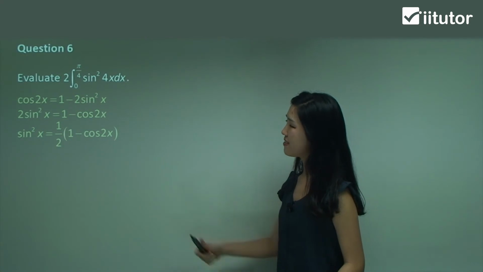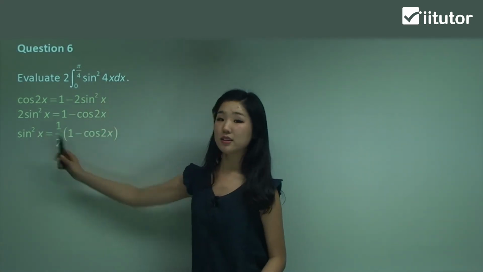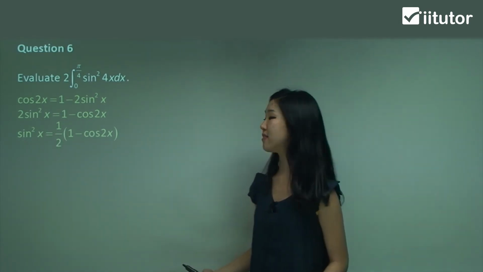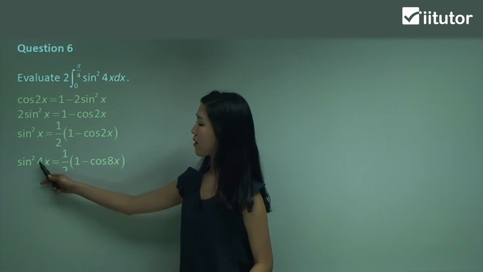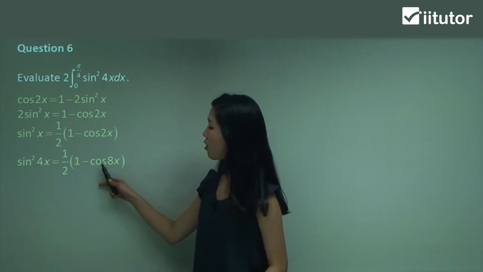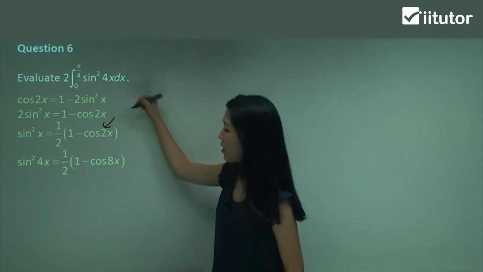But look guys, it says sine 4x squared, not just sine x squared. So what I'll do is multiply that by 4. So it becomes sine 4x squared, and that would be equal to half times 1 minus cos 8x, because I'm also multiplying this one by 4.